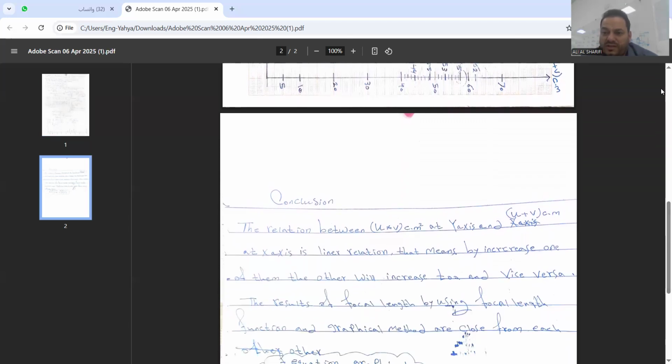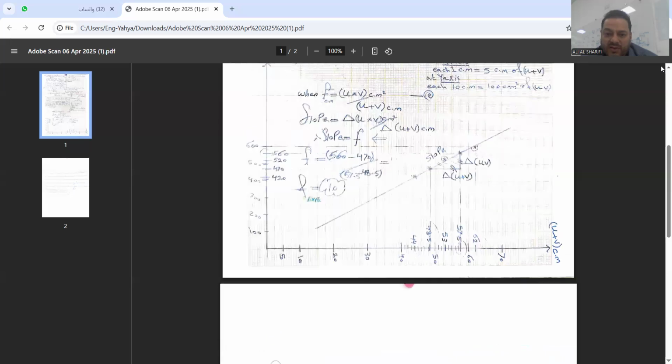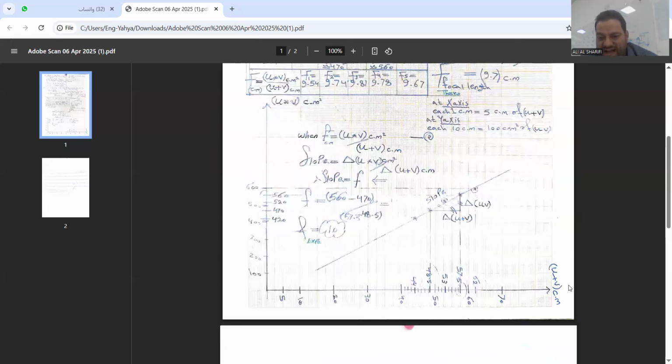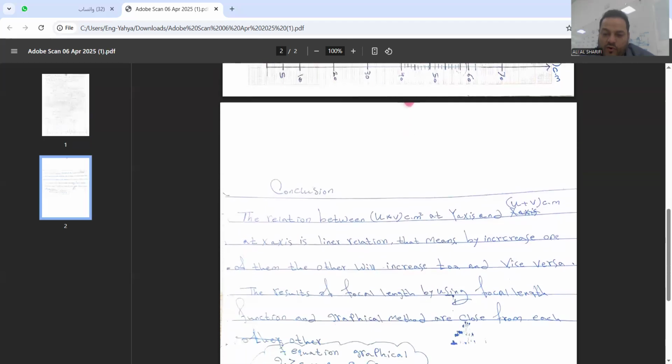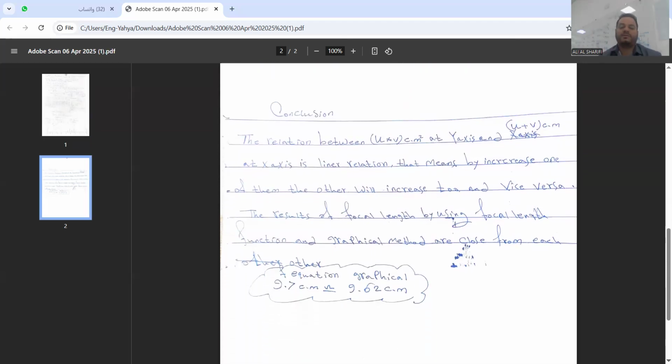The relation between U multiplied by V at the y-axis and U plus V at the x-axis is a linear relation like we are seeing here. Its kind is direct, and all of the experimental results and theoretical results are close to each other, and the focal length equals 10, or we can say 9.7.